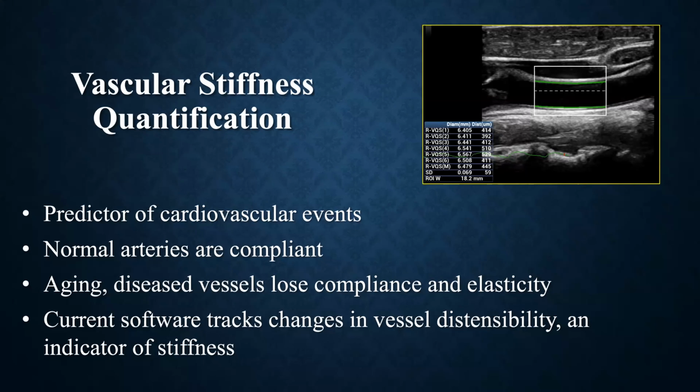Newer software that we now have on our instruments is able to track changes in vessel distensibility, giving us a better indicator of stiffness and the degree of atherosclerotic change. So it's a relatively new modality, but something that can be very useful in assessing changes in vessel wall thickening and seeing how patients respond to intervention and treatment.